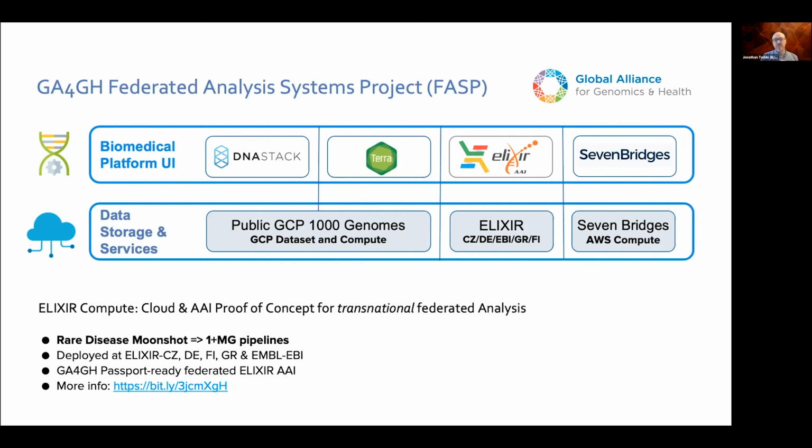And we were able to run exactly the same pipeline using, in our case, all 5 of the available cloud standards and identity standards, basically on a rare disease public data set. How can we run that across 5 different ELIXIR nodes? And we were able to do that successfully.